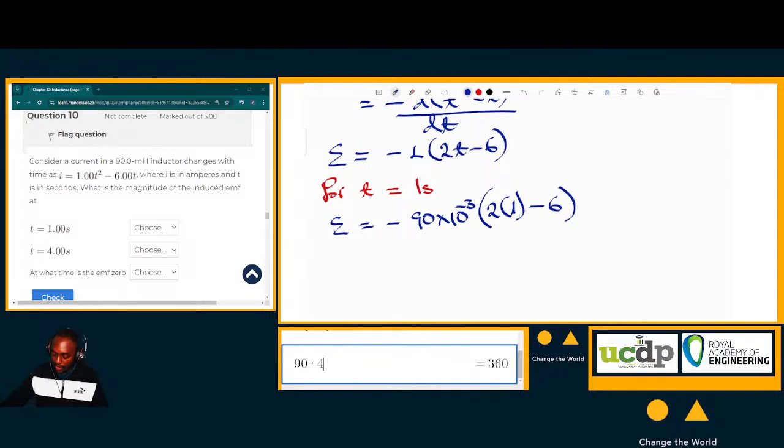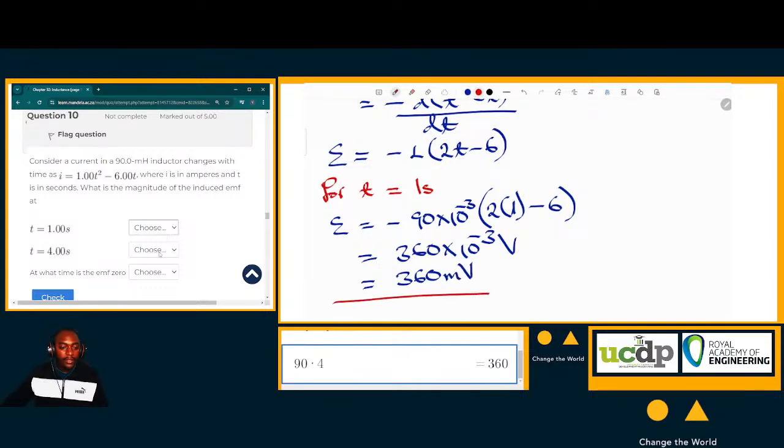So it should be 360 times 10 to the negative 3 volts. Let's see if we have that option. It's in milli, so that will be 360 millivolts. So that will be the option.